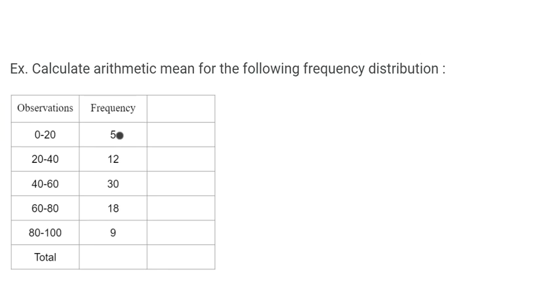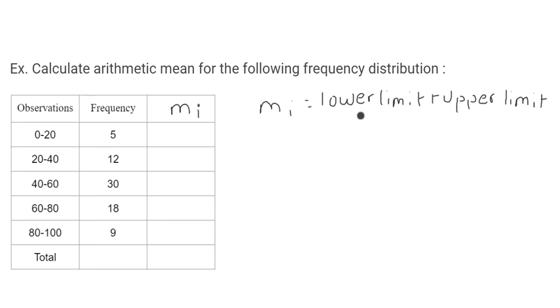So let's take the mid values first. We are going to make a column mi. What is the mid value of this? The mid value is lower limit plus upper limit divided by 2.